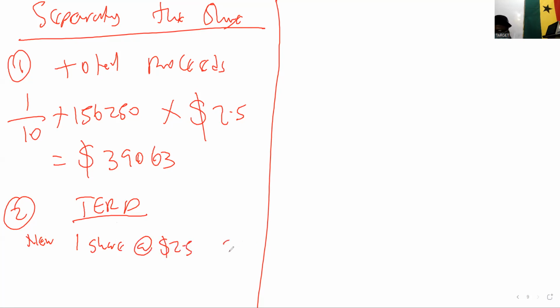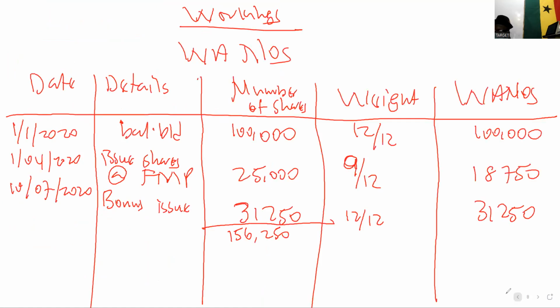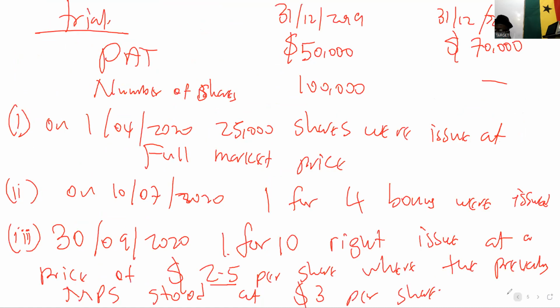What will be the answer? 2.5. Go to the old 10 shares. What's the existing share price? The existing share price immediately before the rights issue is $3.